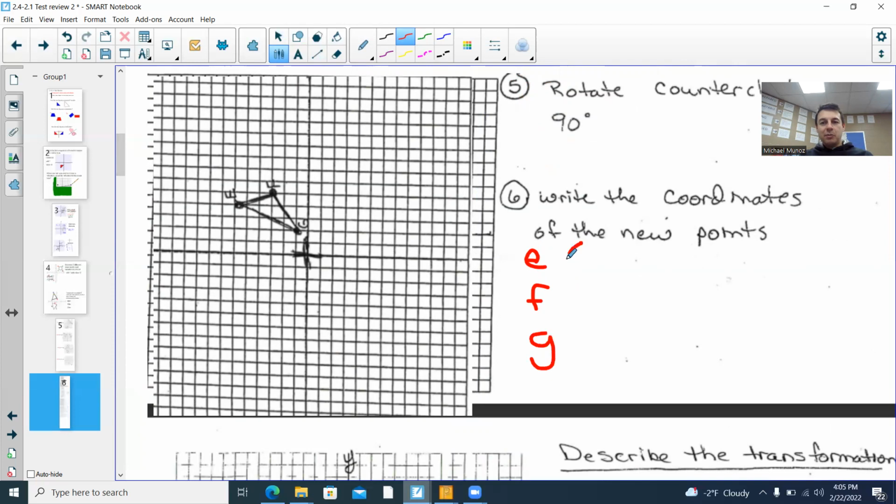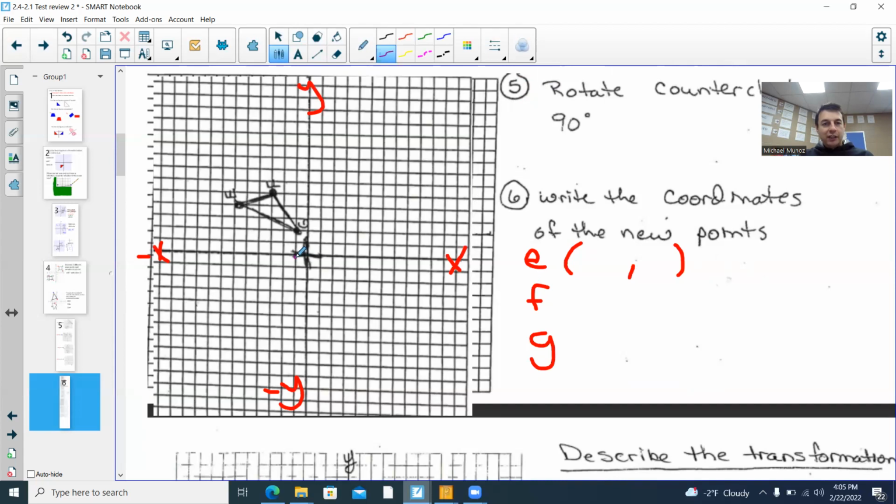I'm going to use my imagination as if I didn't just flip my paper. Up here is my Y, over here is my X, so this would be my negative X and my negative Y. And I'm just going to plot those points like the paper hasn't been flipped.